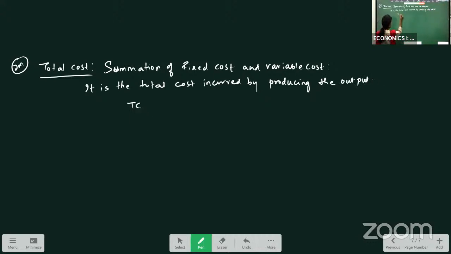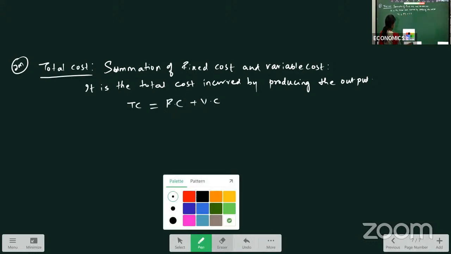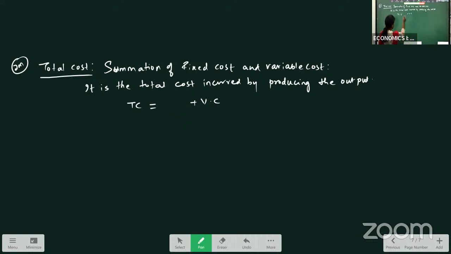So, total cost is equal to fixed cost plus variable cost. So, this will be your formula for total cost. Total cost is what? It is the summation of fixed cost and variable cost. It is the total cost incurred by producing the total output. You can write here total output.